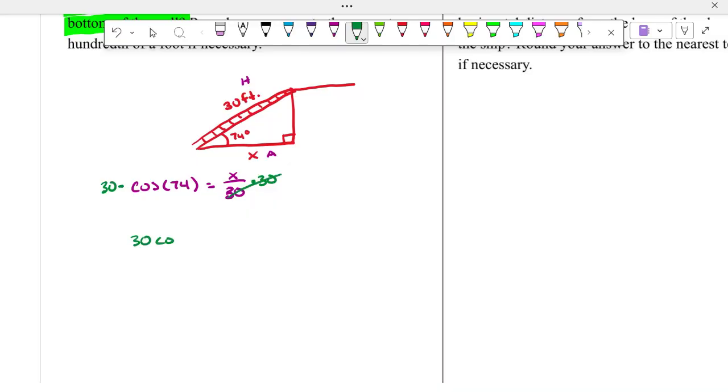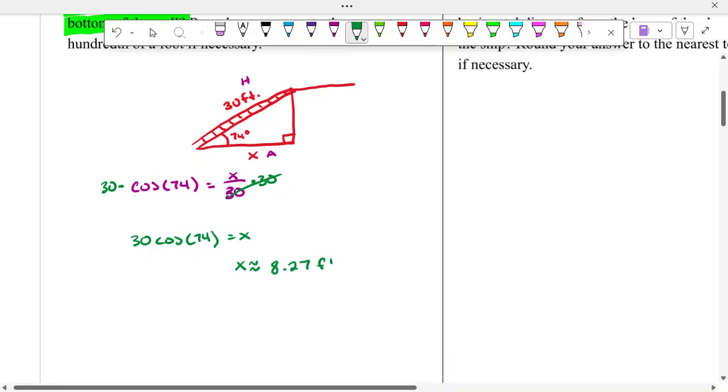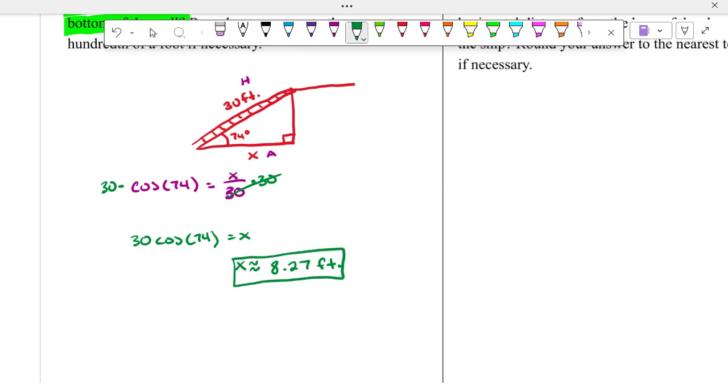I get 30 cosine of 74 is equal to x. So put that in your calculator, round to the nearest hundredth, so 2 decimal places. So x is approximately what? 8.27 what? So 8.27 feet. So that would be my answer.